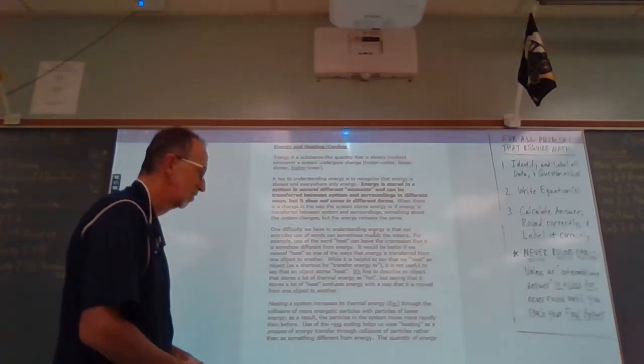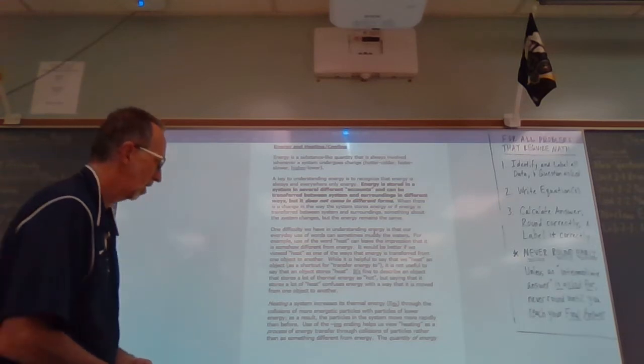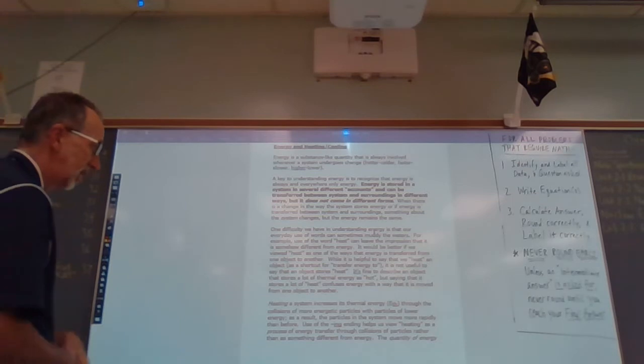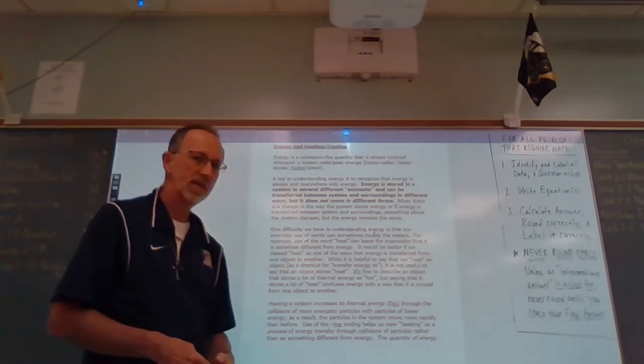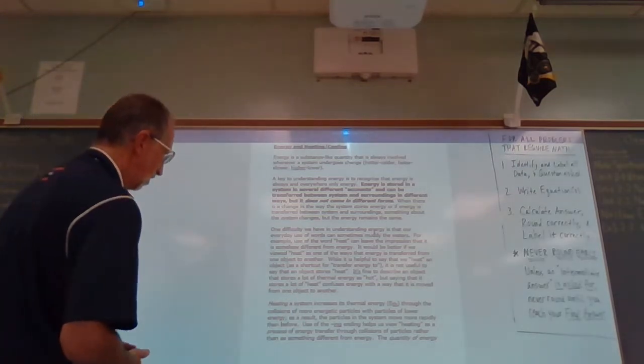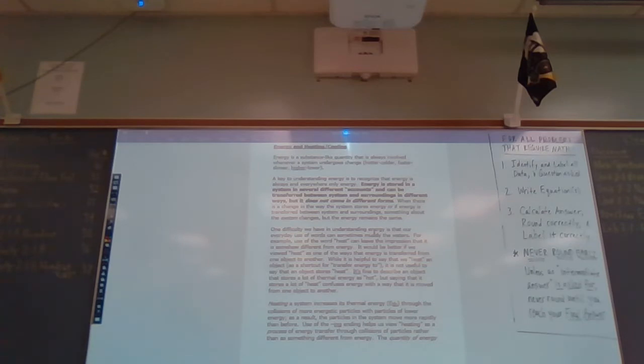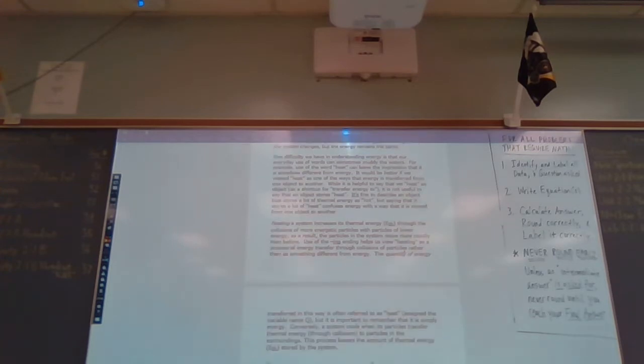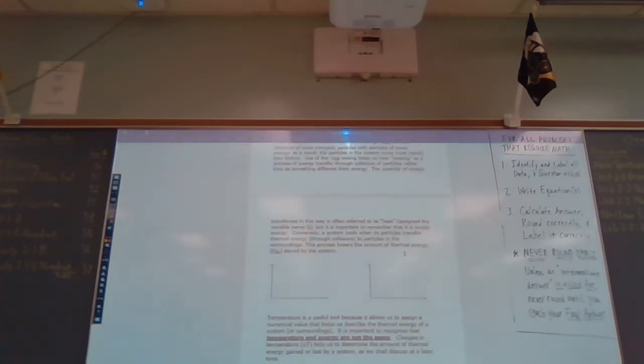Heating a system increases its thermal energy through the collisions of more energetic particles with particles of lower energy, and as a result, the particles in the system move more rapidly than they did before. So using that -ing ending helps us view heating as a process of energy transfer, rather than as something completely different from energy.